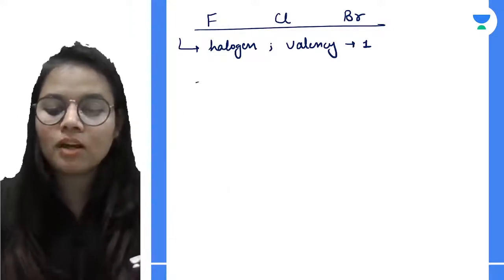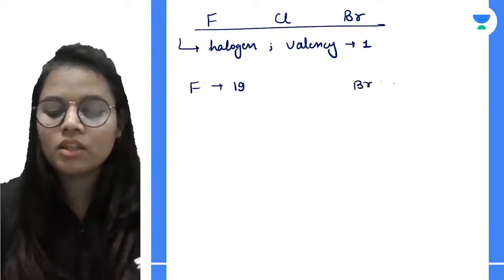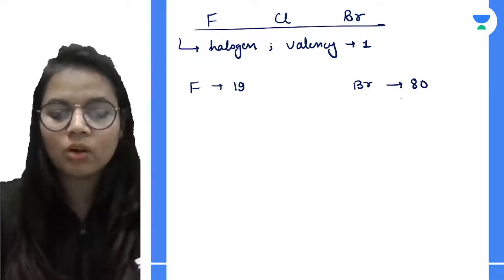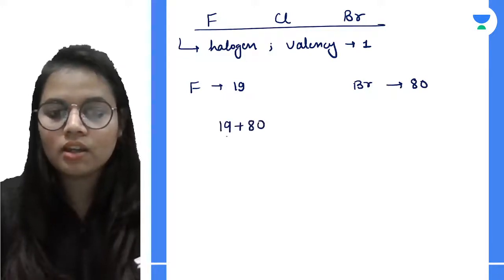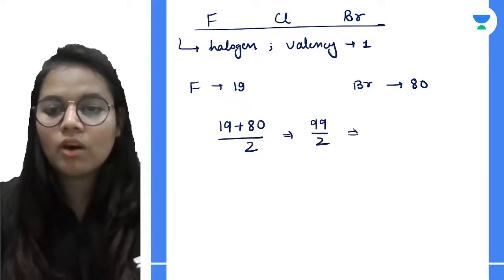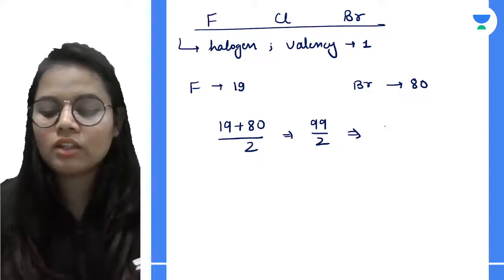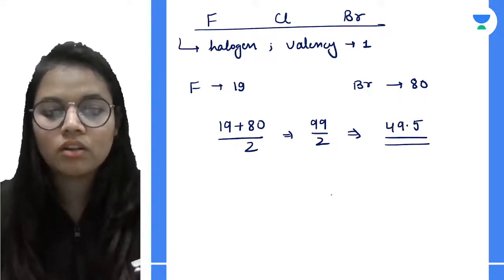If I go for the mass of fluorine, it is 19. The mass of bromine is 80. Taking out the average, I have 19 plus 80 upon 2, which is 99 upon 2, and the result is 49.5. This is the mass coming out.